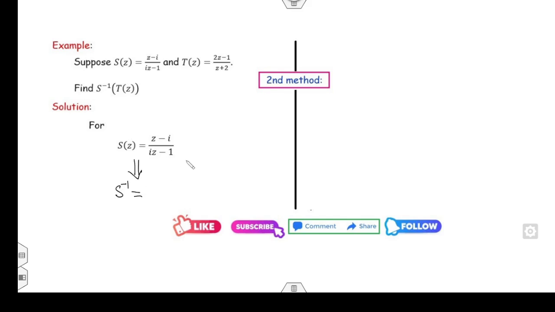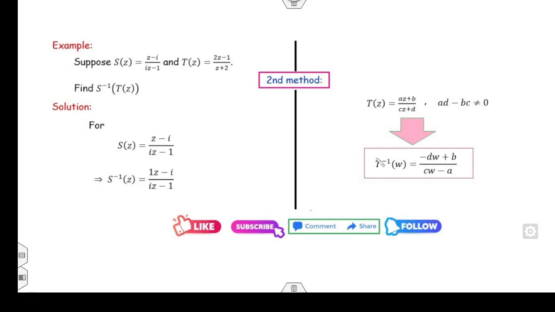Fine. S inverse, you can reverse them. Now, S inverse of T(z). I can substitute the value of T(z). What is the value of T(z)? 2z minus 1 over z plus 2. Now, this is the value of S inverse.